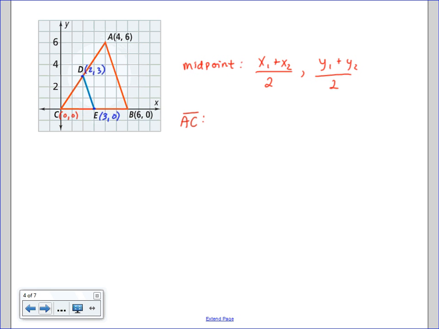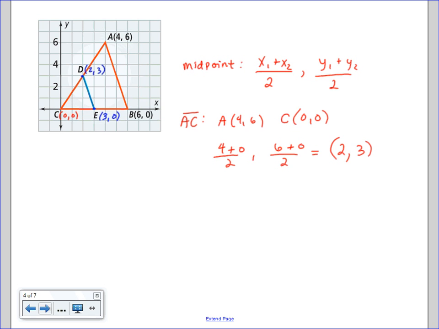The coordinates of A are 4, 6, and the coordinates of C are 0, 0. So to find this midpoint, it'll be 4 plus 0 over 2, and 6 plus 0 over 2, which is going to be 4 over 2 and 6 over 2. So the midpoint of AC is located at 2, 3, which of course on this picture is the point labeled D.